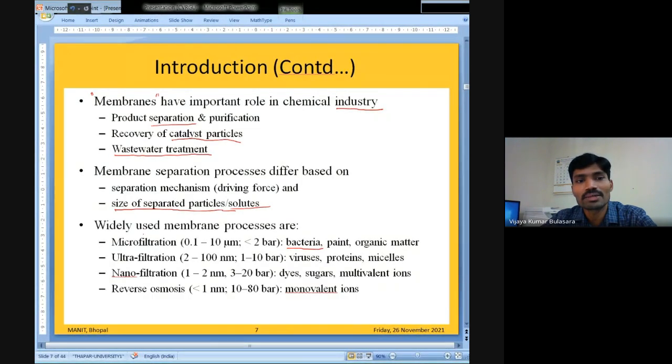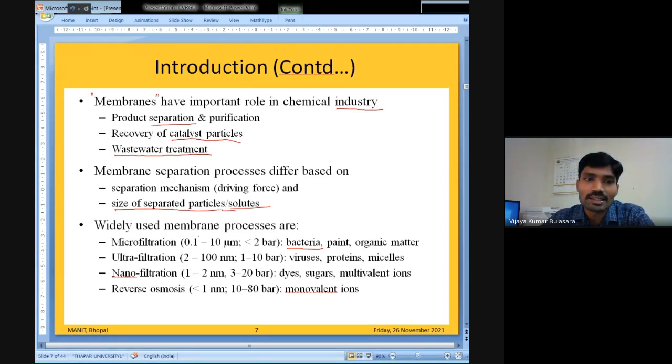So the main difference among these processes is the membrane pore size and the pressure used. Pressure is the driving force for flow through the membranes, and the pore size dictates the type of solutes or particles that can be separated or rejected by the membrane. In microfiltration, the pore size of the membrane ranges from 0.1 to 10 micrometers.